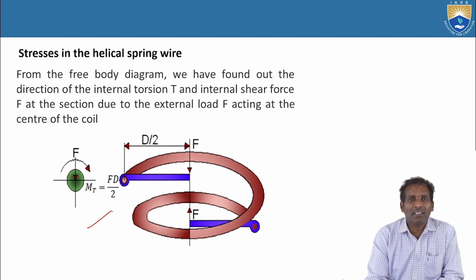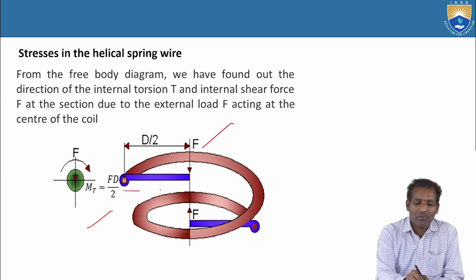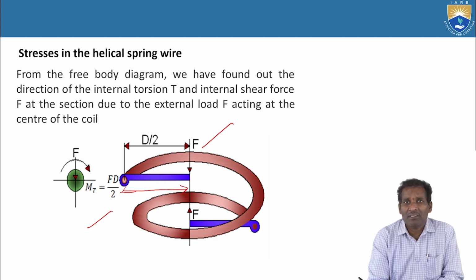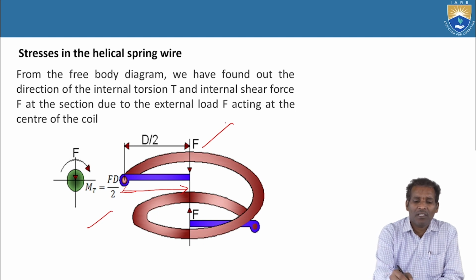How do you calculate the torsion? Force multiplied with the distance. Here, force is acting here, and with what distance? The d by 2, that is the radius of the coil. So the external load is acting at the center of the coil.